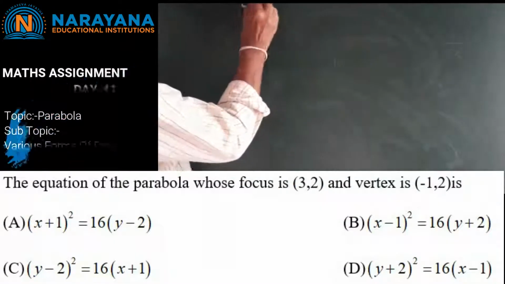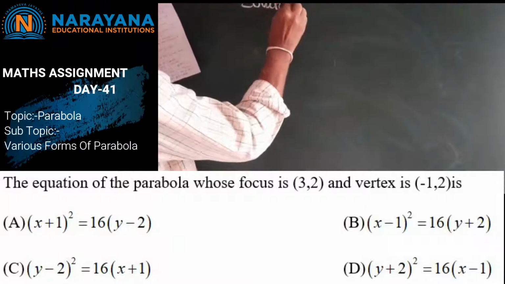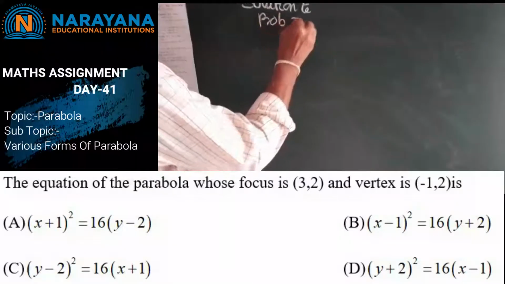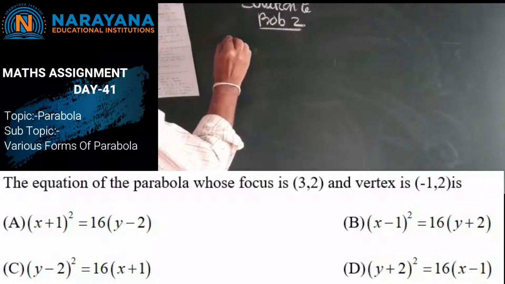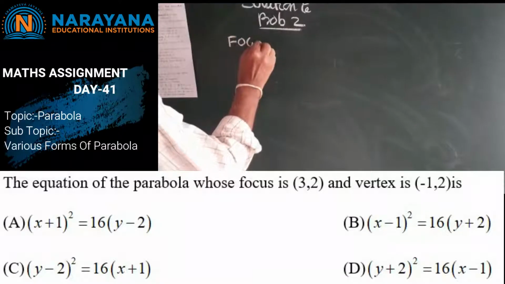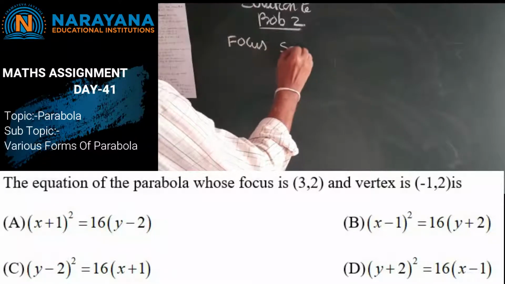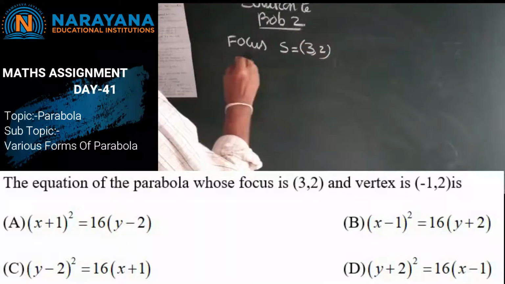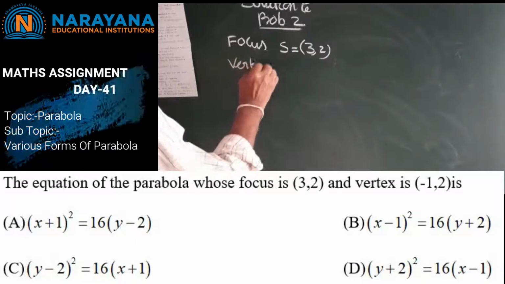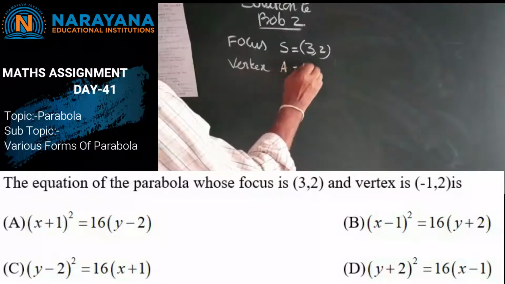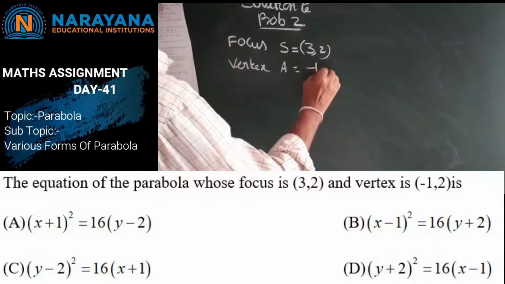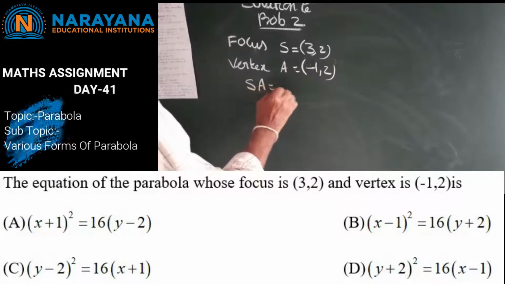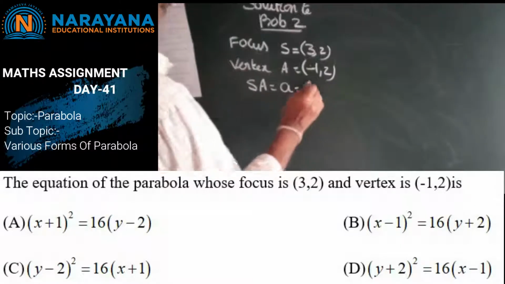Now problem number 2. Here also focus, which is given as S = (3, 2), vertex A is given as (-1, 2). Now distance between these two, SA is equal to a, which is equal to 4.